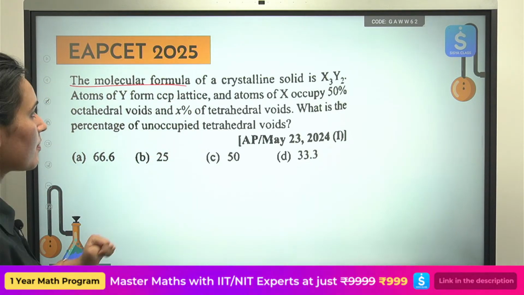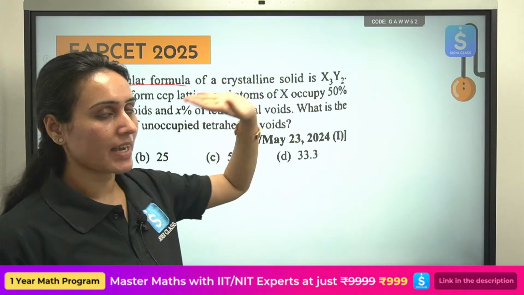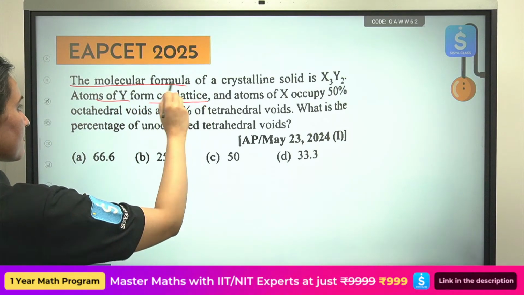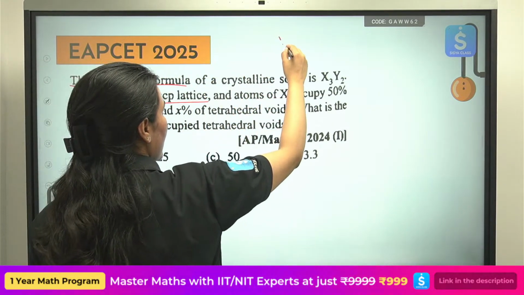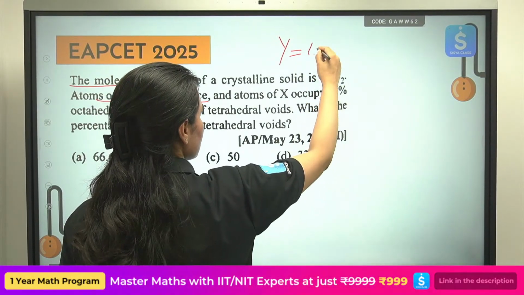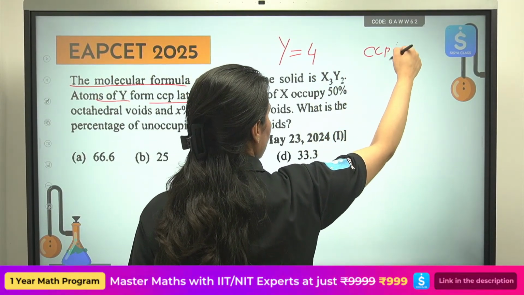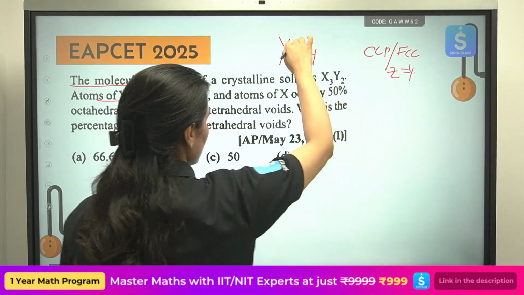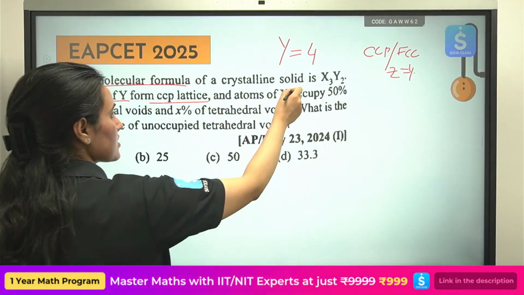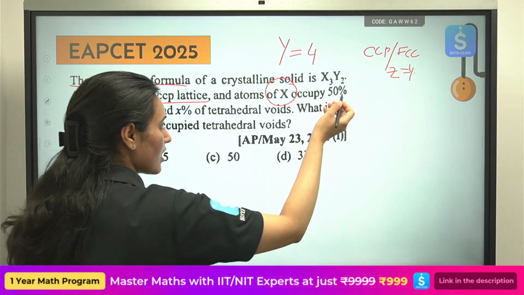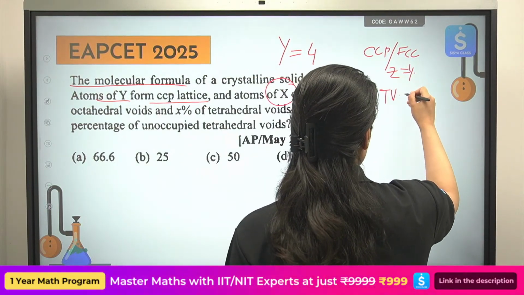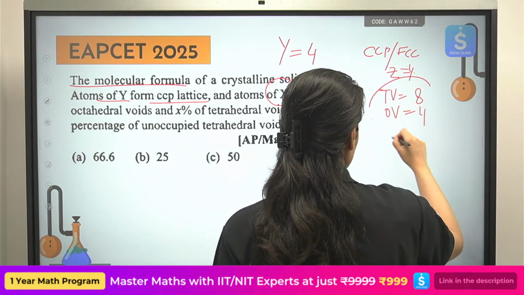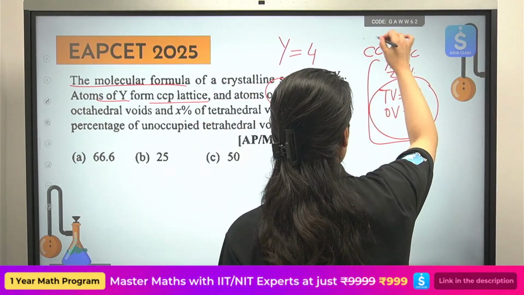The molecular formula of a crystalline solid is X3Y2. Atoms of Y form a CCP lattice. So number of atoms of Y present is 4. CCP is same as FCC, for which Z is 4. So number of Y atoms are 4. Number of tetrahedral voids will be 8. Octahedral voids will be 4. You should write that based on the type of lattice.